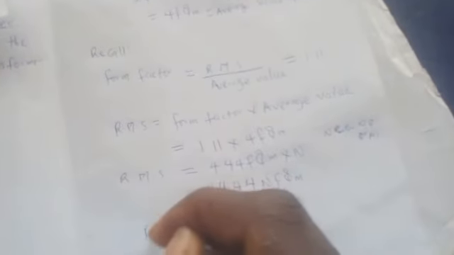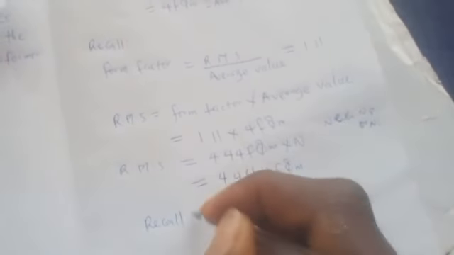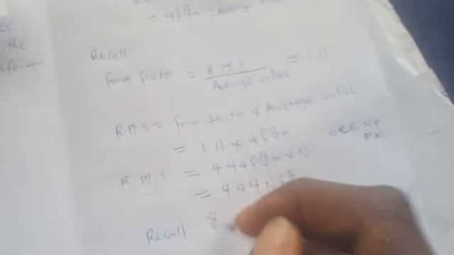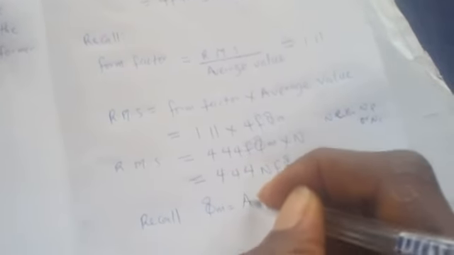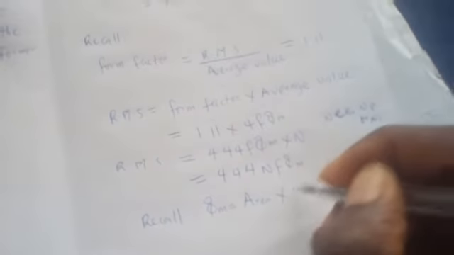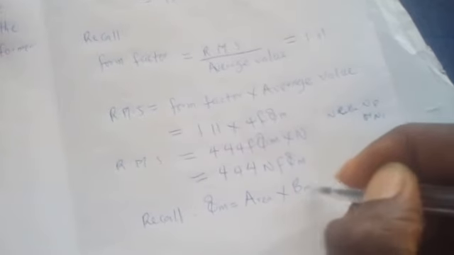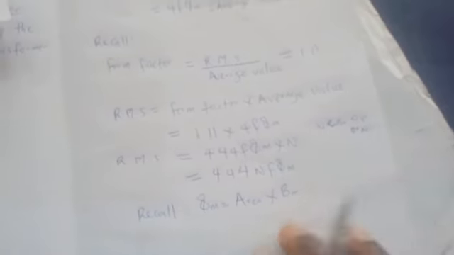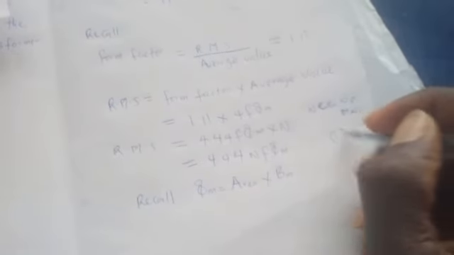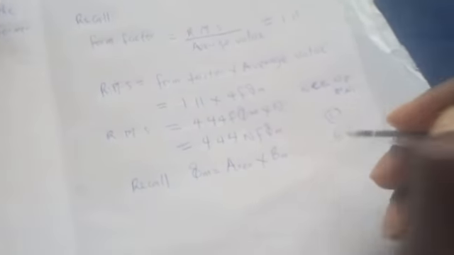multiplied by the maximum flux. Again, you have to recall that your maximum flux is equal to area multiplied by the maximum flux density. Let's call this one equation 1 and this equation 2.